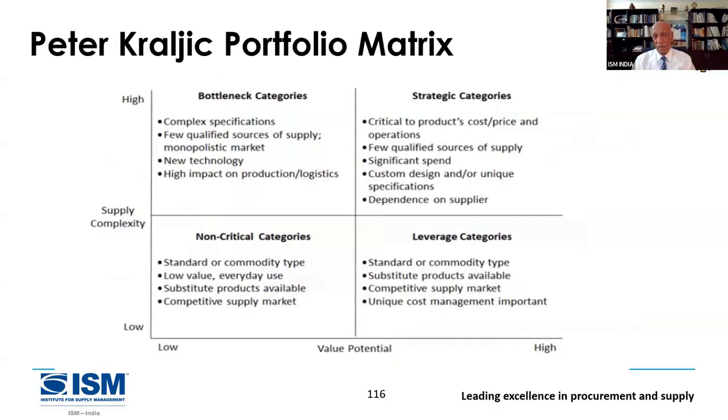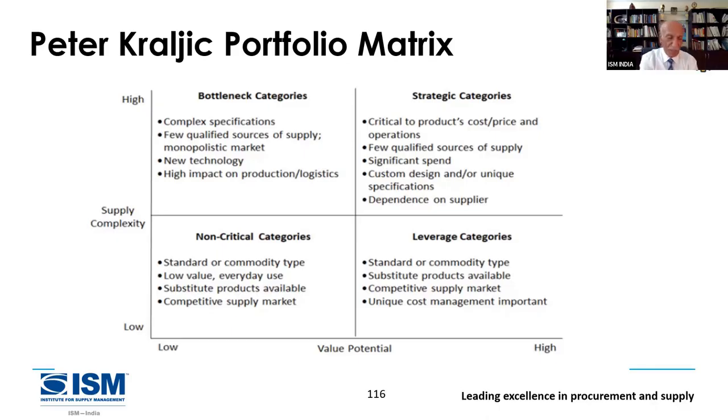And this is the Peter Kraljic model. The guy is based in Germany. Later on, he was a consultant, then he joined Harvard as a professor. So he still works around. So we have bottleneck category, strategic category, leverage category, and routine.